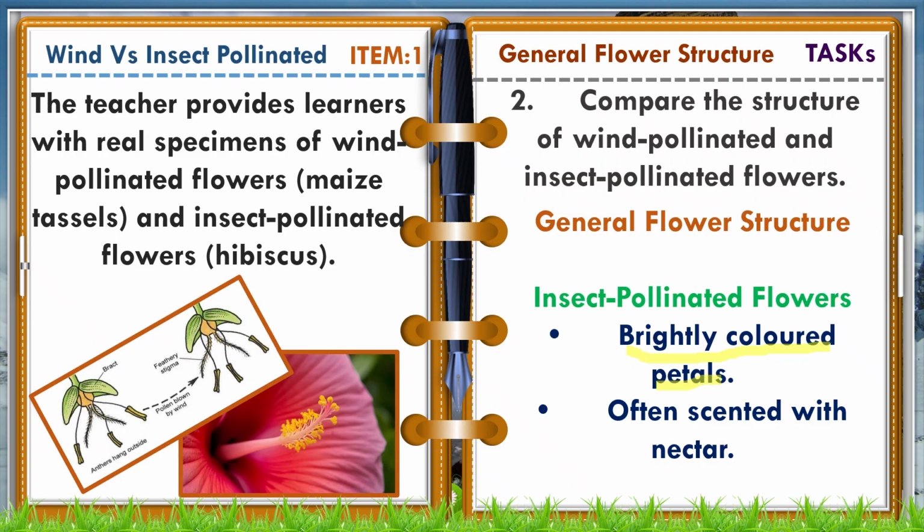In addition to that, often scented with nectar. They have a very good scent which attracts insects. And they have nectar which they provide as a reward for pollinators. Brightly colored petals, they are scented, and they have nectar.